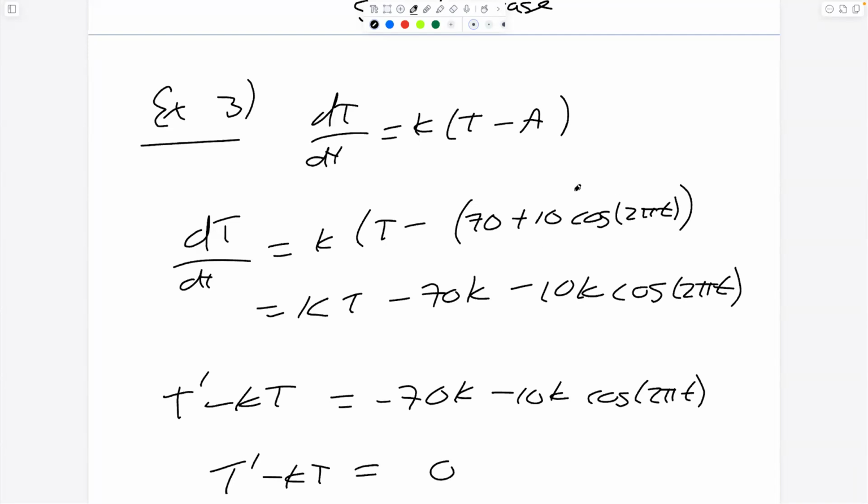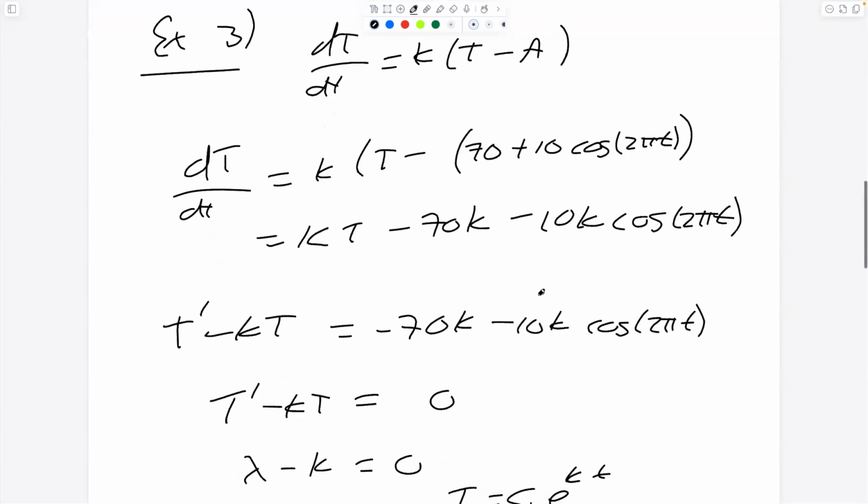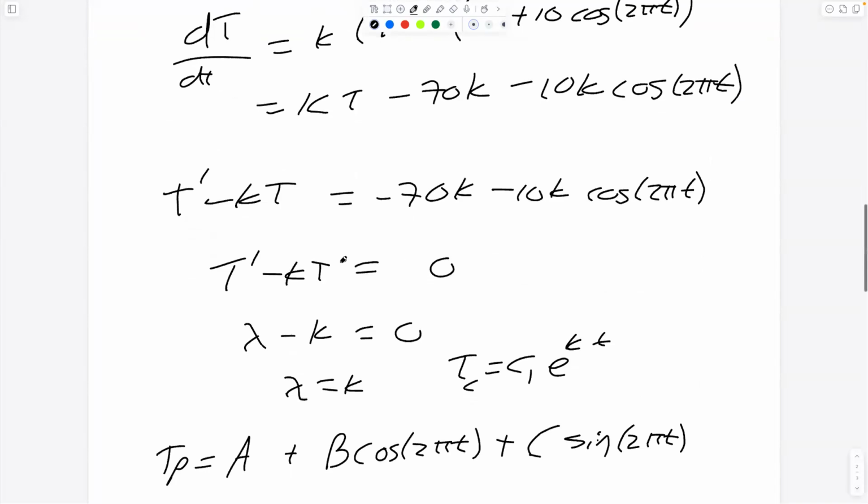We know A is this 70 plus cosine. We're going to distribute our minus. We're going to solve the homogeneous version first. Here's our characteristic polynomial. Here's what we get for a complementary solution. You've got a mouse. Whoever's talking should have control of the mouse and use that mouse to point to stuff. Do not read all the math to us. Go over all the important features and just point to stuff.